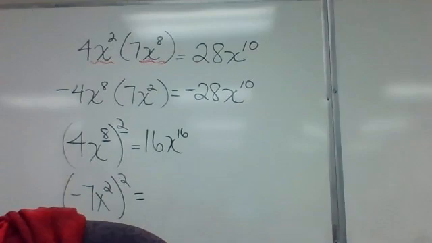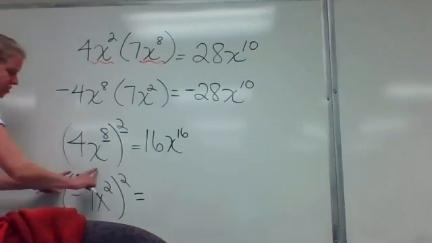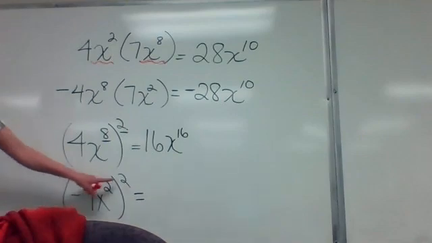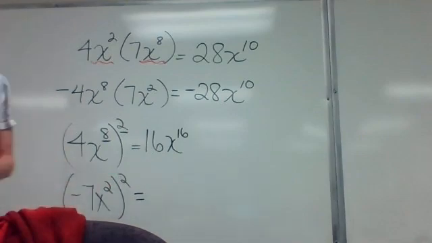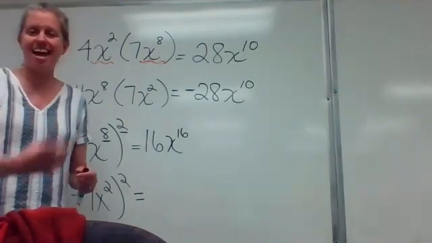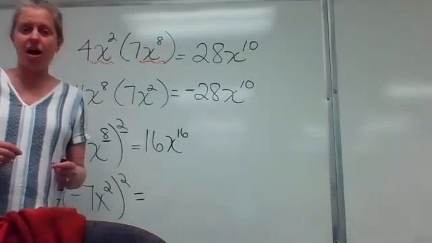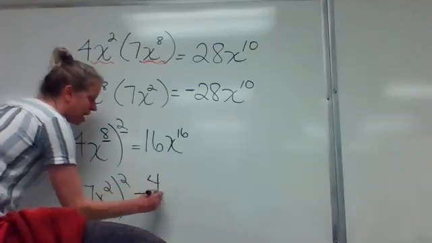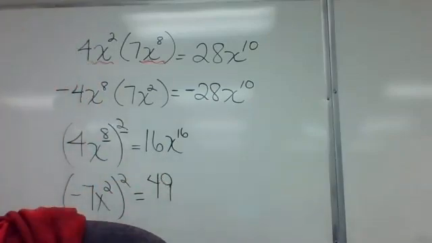And the last part of number 1, everything in here is going to the 2nd power. So the first part of this says negative 7 to the 2nd power. What does that mean? That means multiply negative 7 times itself. Well, when you multiply negative 7 times negative 7, it gives you positive 49.